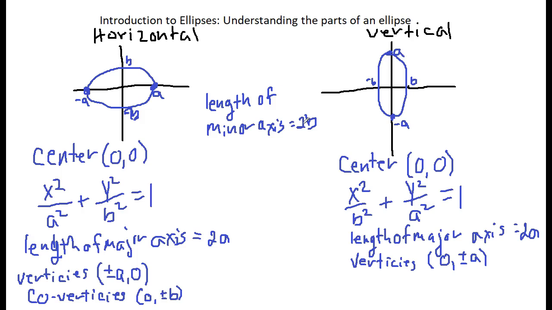Okay? And so the covertices over here are plus or minus b, comma, 0. Let me make that look a little more like a 0.